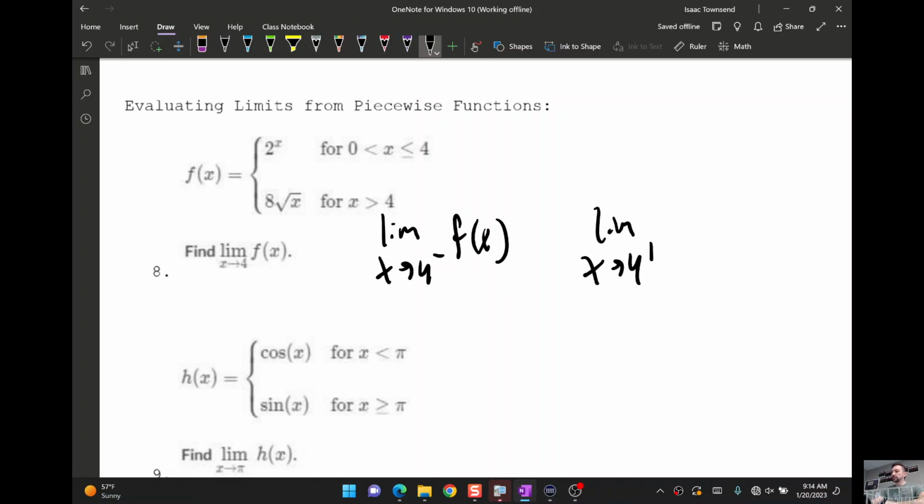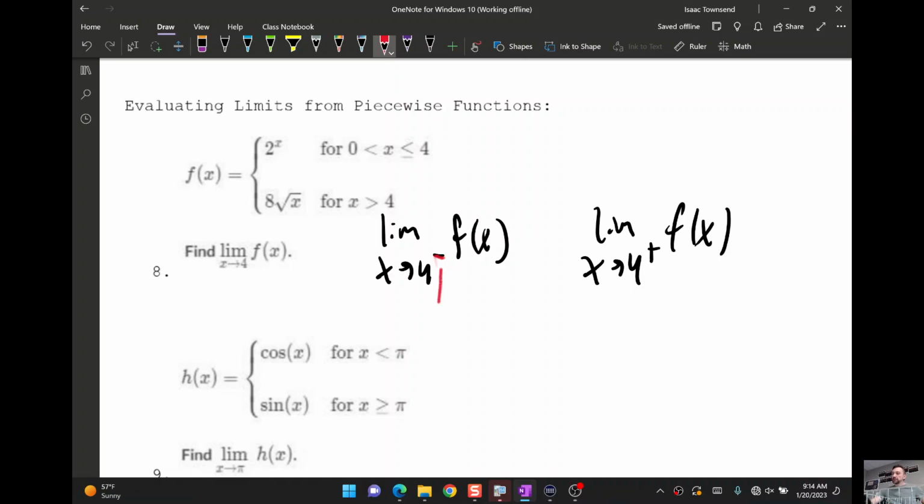Just like our very first day when we did them graphically, to find this limit, we have to think about how it approaches from the left and from the right. If those are the same, then that is our answer. And if those are different, then it does not exist.